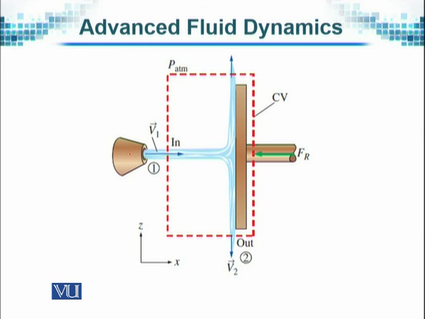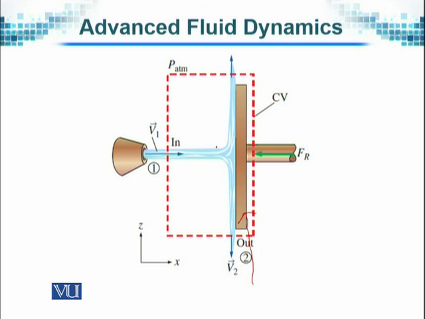Here is a nozzle and the fluid is moving in, and here is a plate that is fixed. We can see only its small cross-section area, but this plate can be rectangular or circular. Let us assume that it is circular. And when the fluid hits it in a normal direction, you can see that it is hitting it in a perpendicular direction. Then the fluid splatters all round in all directions.